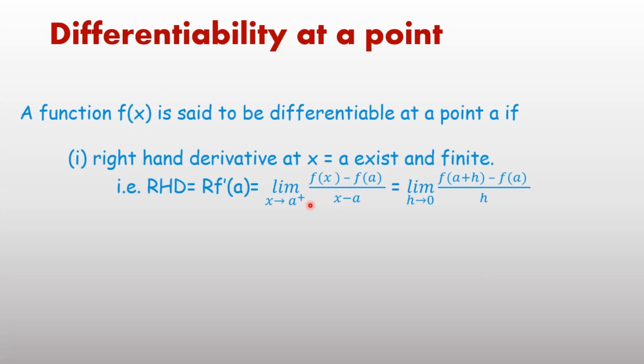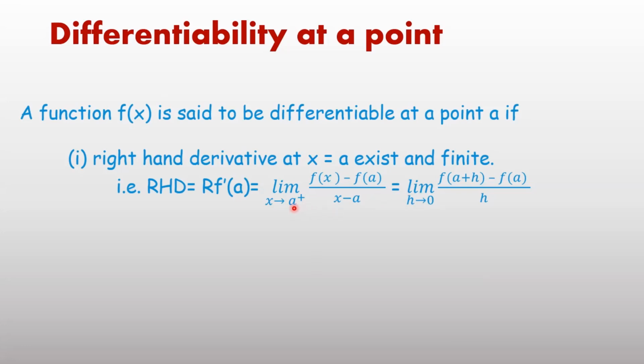The definition of derivative was just covered in the previous slide, the same formula written. The right hand derivative we can define as limit x tends to a plus, meaning the value of x is something greater than a, of f(x) minus f(a) upon x minus a. Or in place of x we can write a plus h.